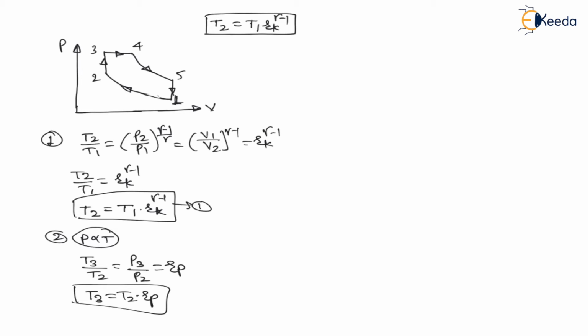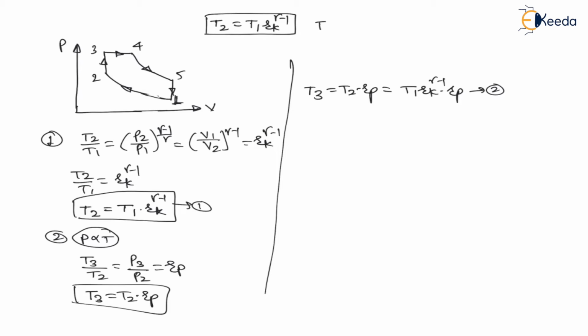And from equation number 1, T2 is T1 RK raised to gamma minus 1. So put that in T3. Therefore T3 is equal to T2 into RP, which is T1 RK raised to gamma minus 1 into RP. This is the second equation, and this equation is also useful later. Therefore I am writing here T3 is equal to T1 RK raised to gamma minus 1 into RP.